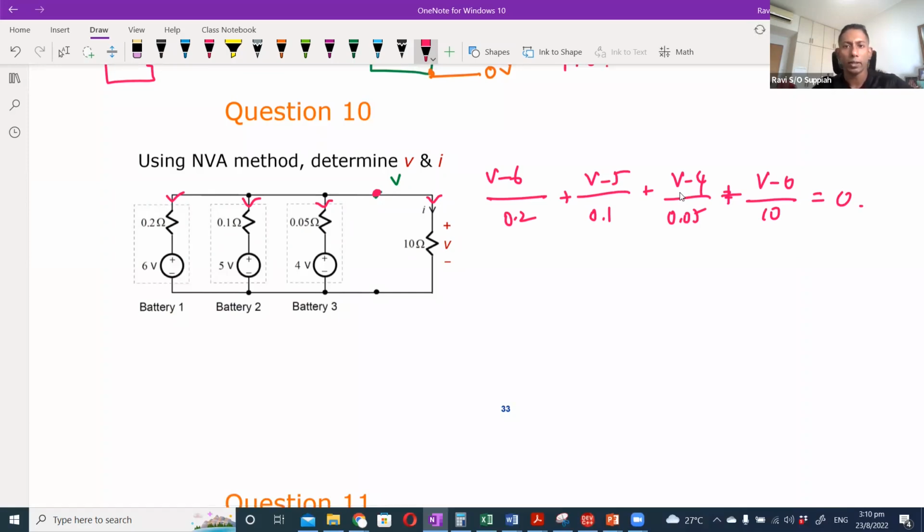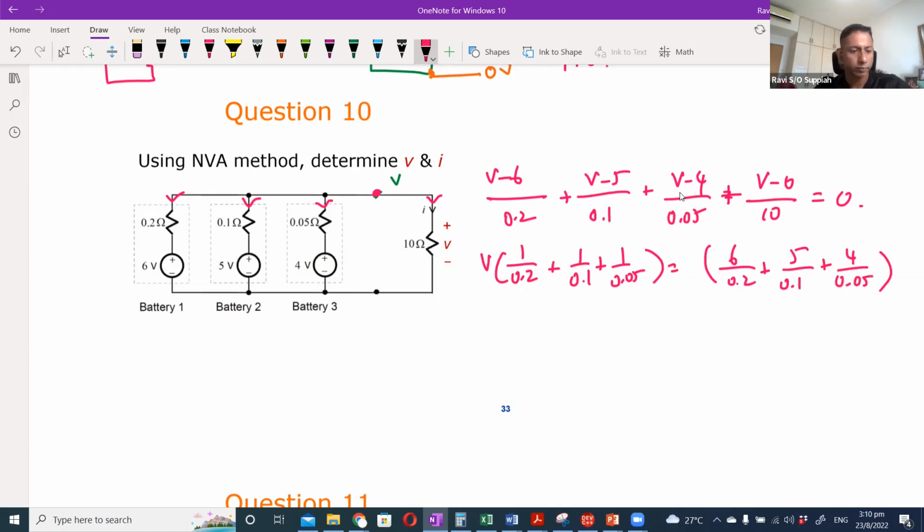Then when I factorize it, it will be V times (1 over 0.2 plus 1 over 0.1 plus 1 over 0.05 plus 1 over 10) equals 6 over 0.2 plus 5 over 0.1 plus 4 over 0.05. The rest is just maths, correct? So I'll just go to the answer, 4.56 volts.